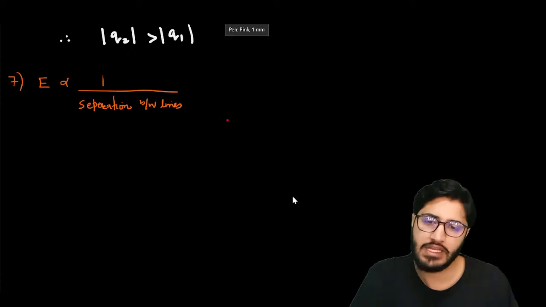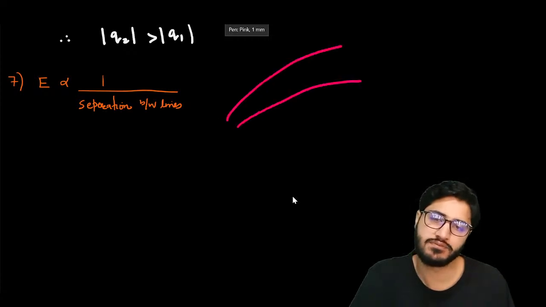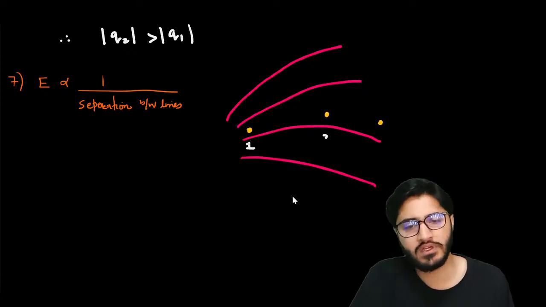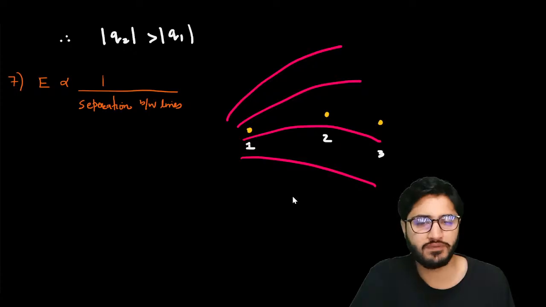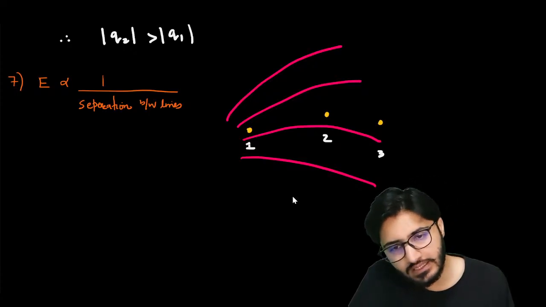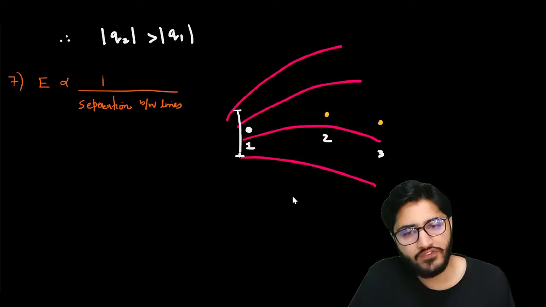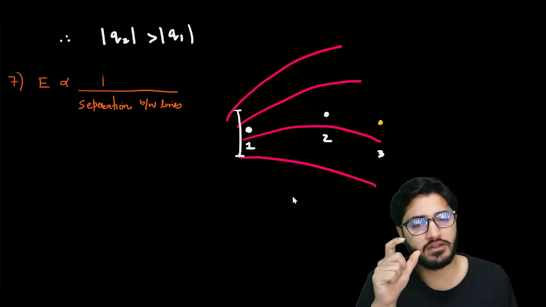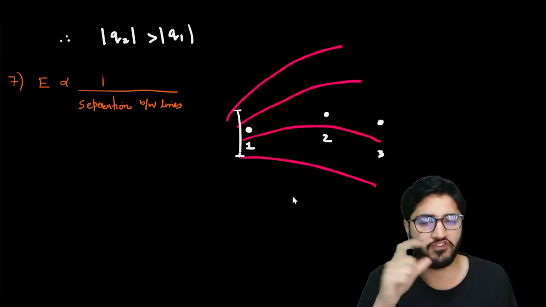Look now, if we have field lines like this, we have points A, B, and C. I can write 1, 2, 3. If we talk about point number 1, these electric field lines are closer. At point number 2, these are very distant, and at point number 3, it is very far away.